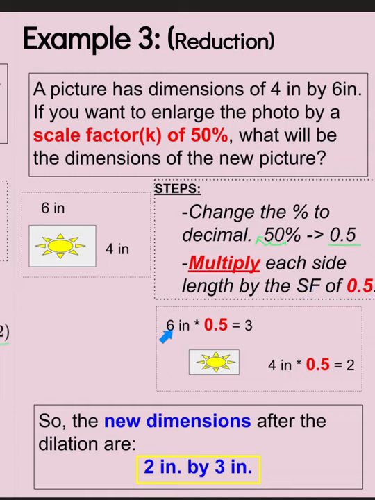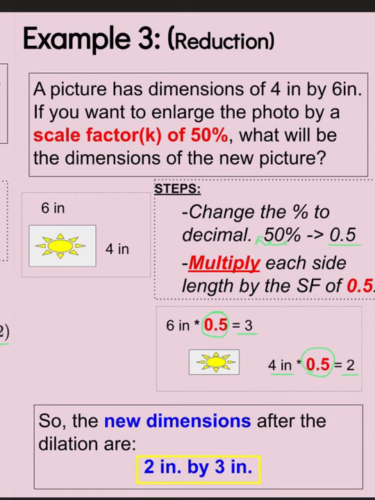So you can see here, the 6 inches was multiplied by 0.5, and you get 3. And then the 4 inches was multiplied by the scale factor of 0.5, and you get 2. So now your new dimensions are 2 inches by 3 inches. When you look at the new picture, you can see that it is smaller than the original.